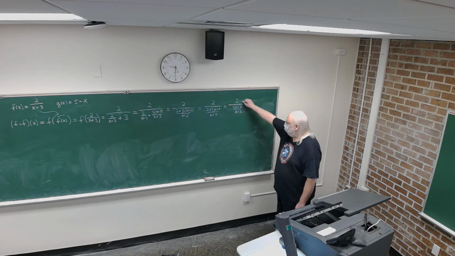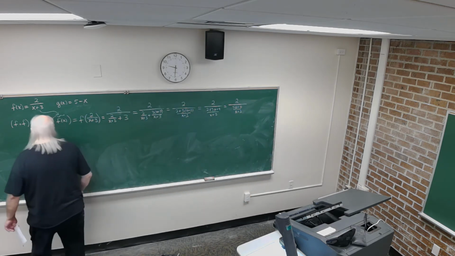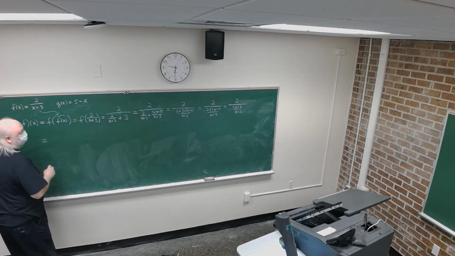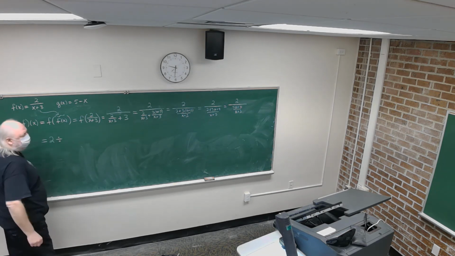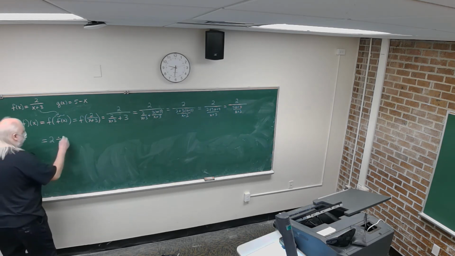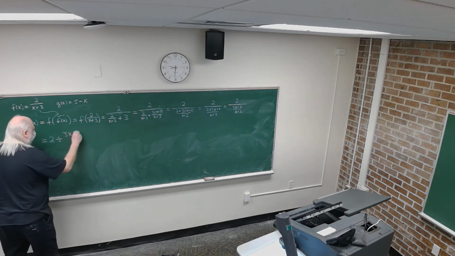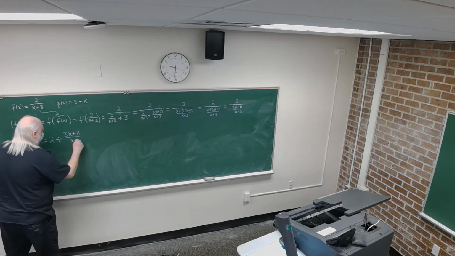And so now we're dividing the number 2 by a quotient, right? So we have 2 divided by, remember fraction bars are like division symbols, 2 divided by 3x plus 11 over x plus 3.